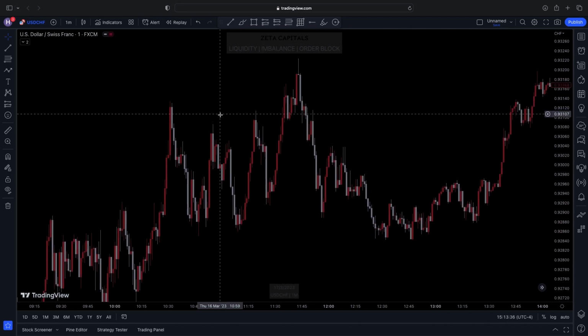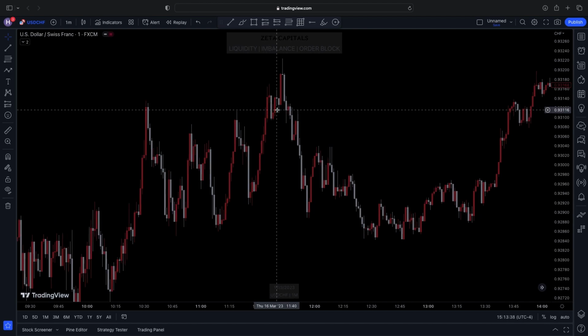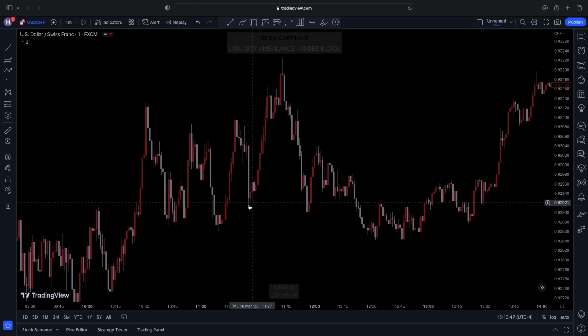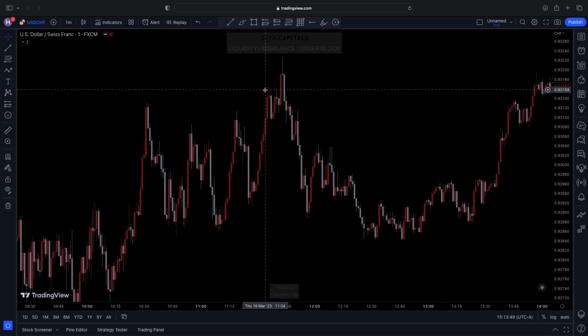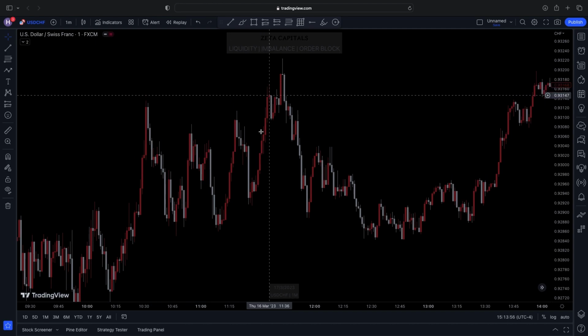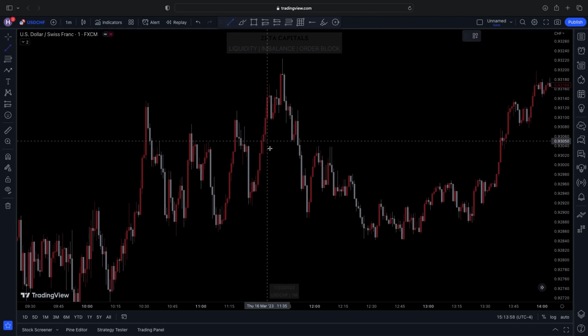So see, I just told you this would be that actual structure shift, but I would not mind taking this because, can you see this? In this leg, the high of the B liquidity got swept. So I'll actually take this one as my market structure shift.